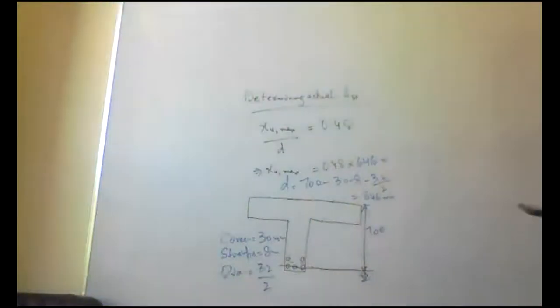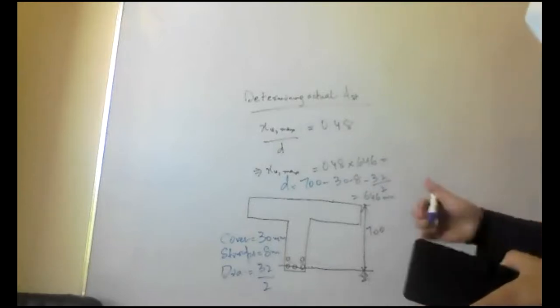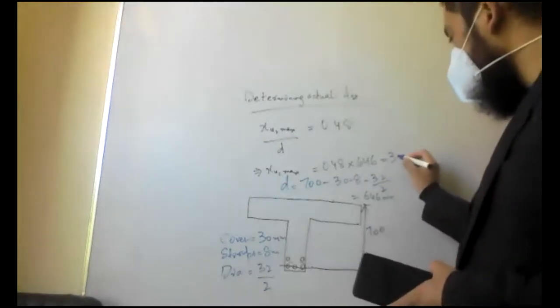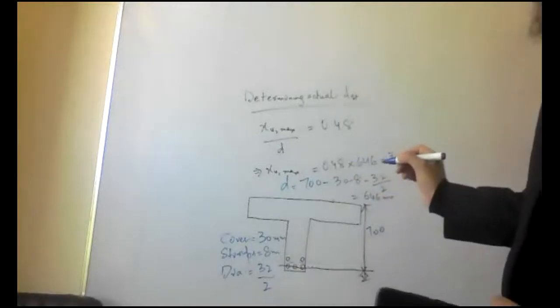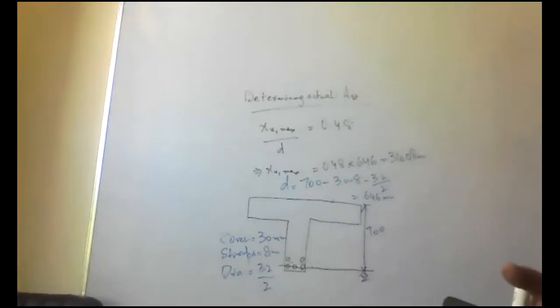So how much does this come? 0.48 into 646. 310.08.